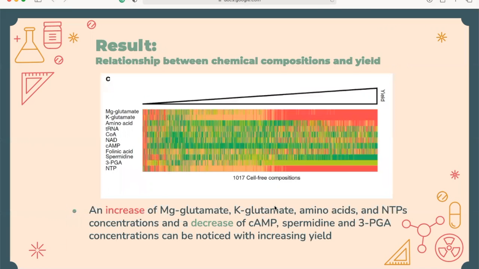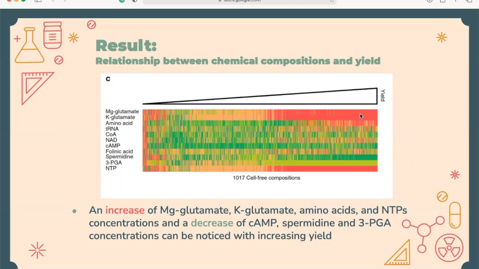They also analyzed the relationship between chemical compositions and yield. Each column here represents a composition. The yields of the compositions are ranked from highest to lowest, and the rightmost column here is the composition that produces the highest yield. We can observe some patterns by checking each row here.